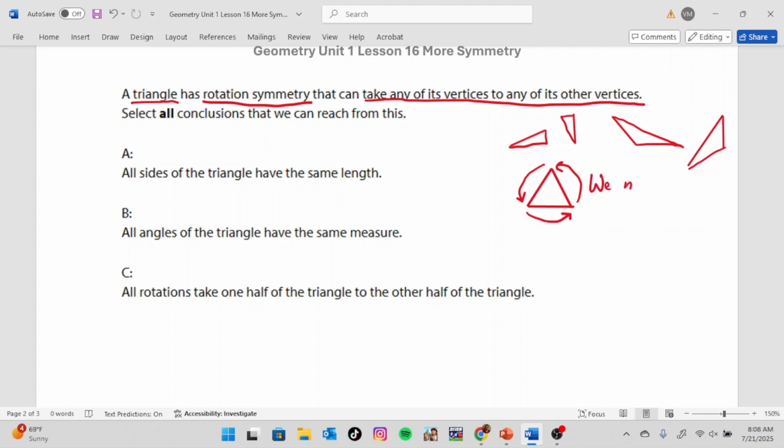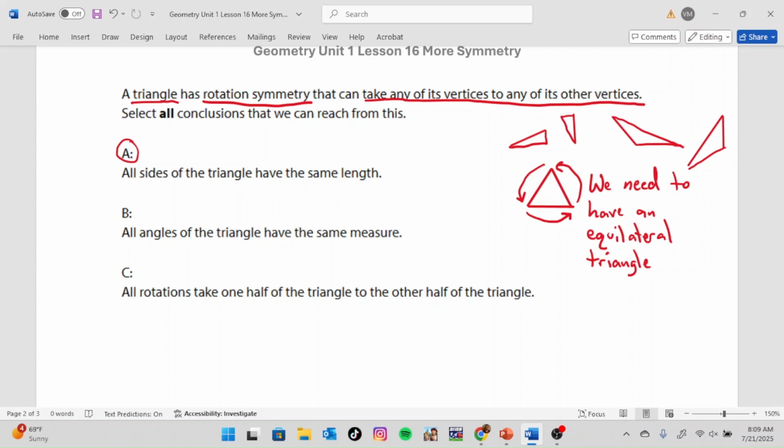So that means we need to have an equilateral triangle. Now, with that in mind, let's look at our options. Choice A says all sides of the triangle have the same length. And that is true with an equilateral triangle. So A is going to be correct.